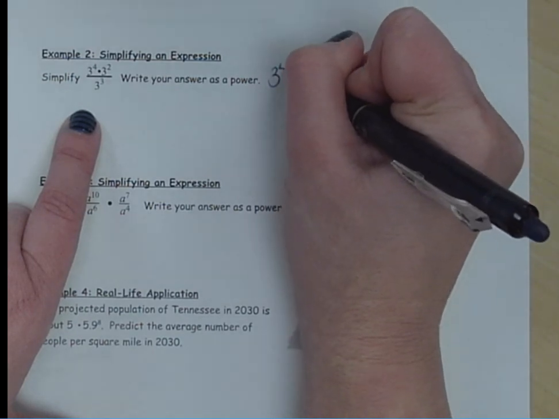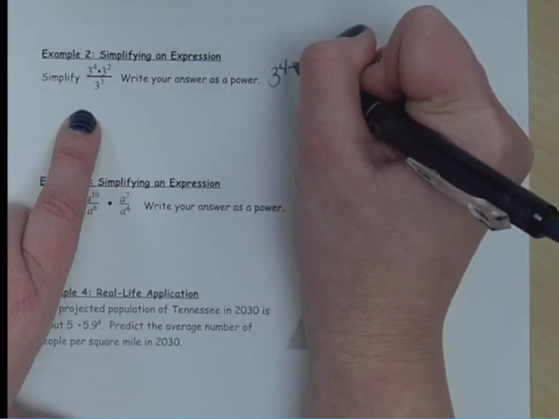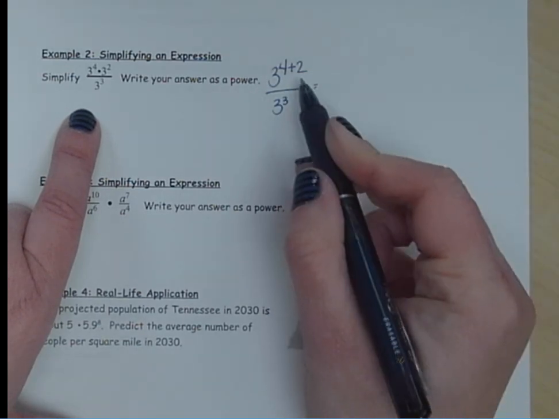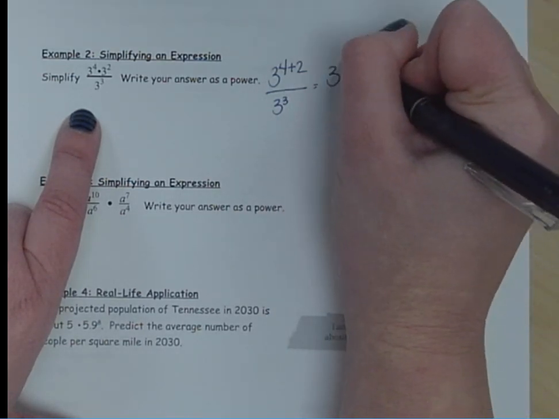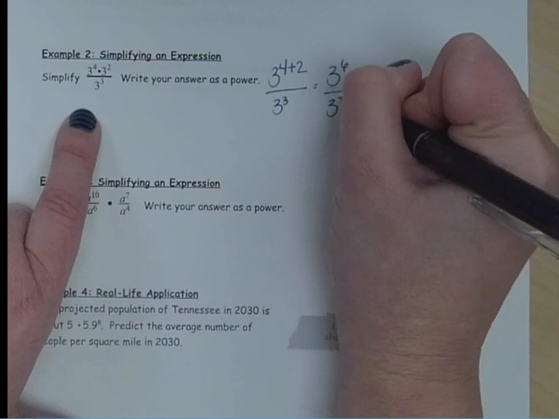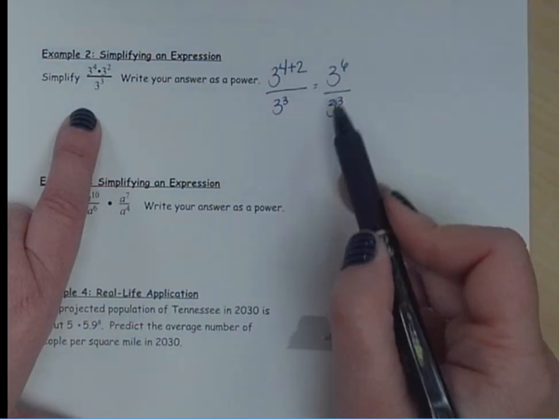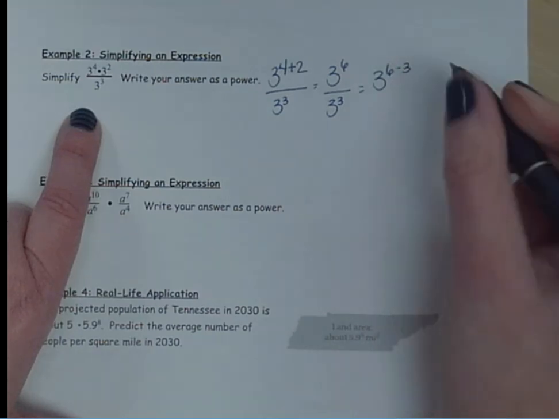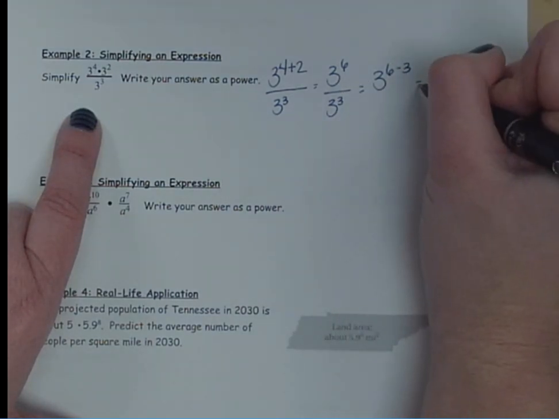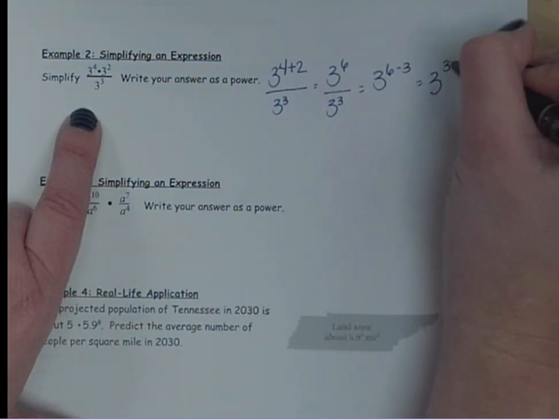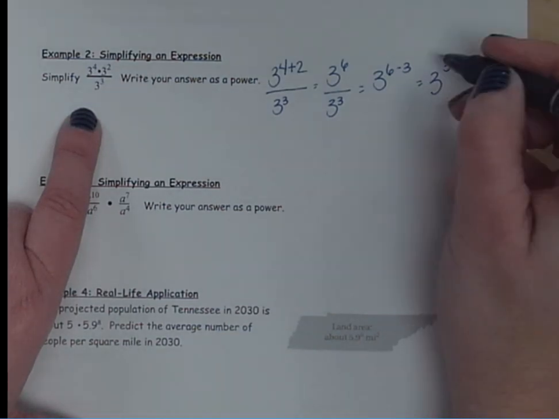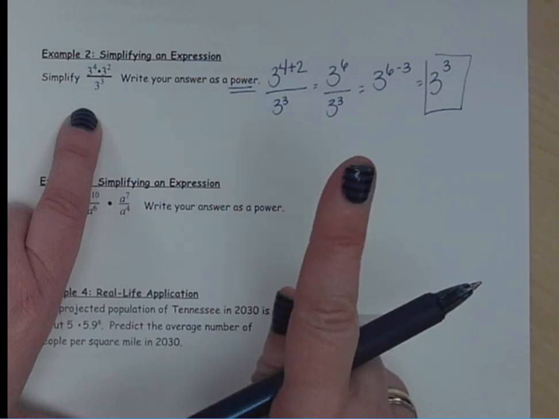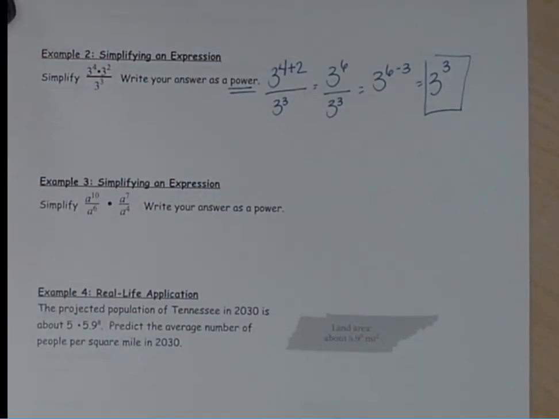So I have 3 to the 4th plus 2 over 3 to the 3rd. So that gives me 3 to the 6th over 3 to the 3rd. Now that we're dividing, we're going to subtract. So my final answer is going to be 3 to the 3rd. And remember, I want to write it as a power.